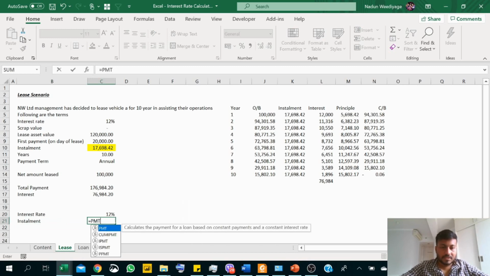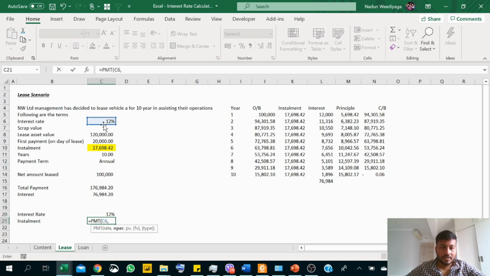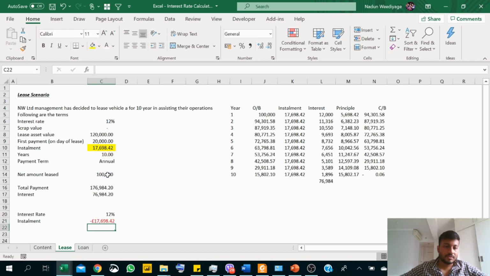Equal PMT, open parentheses, the rate is 12%, the number of payments is 10, the present value is 100,000, and future value we don't know, so we will leave it blank, and at the end of the period. So it will return the 17,642 amount. So this is what I was telling you before, that you need to place a minus value, because the payment or the value that you're paying as an installment is always recognized as a minus.